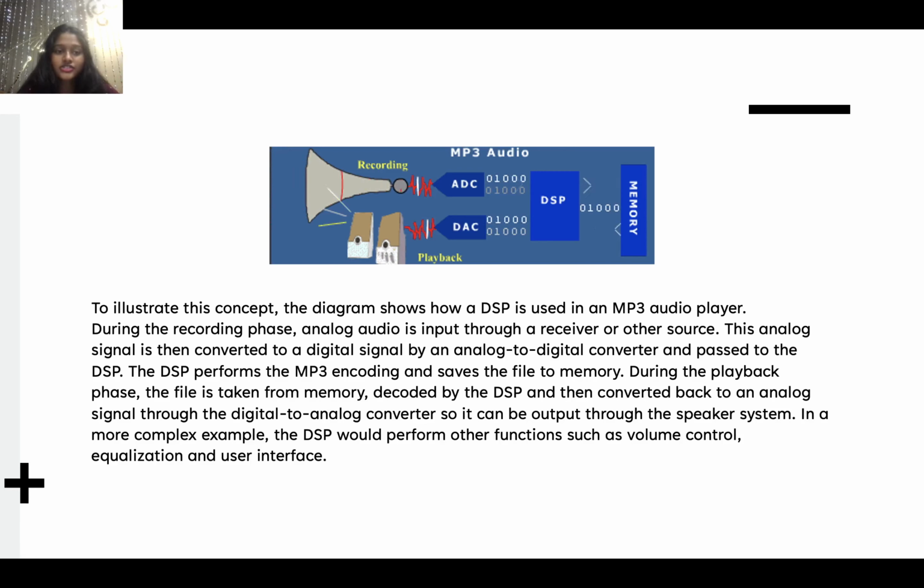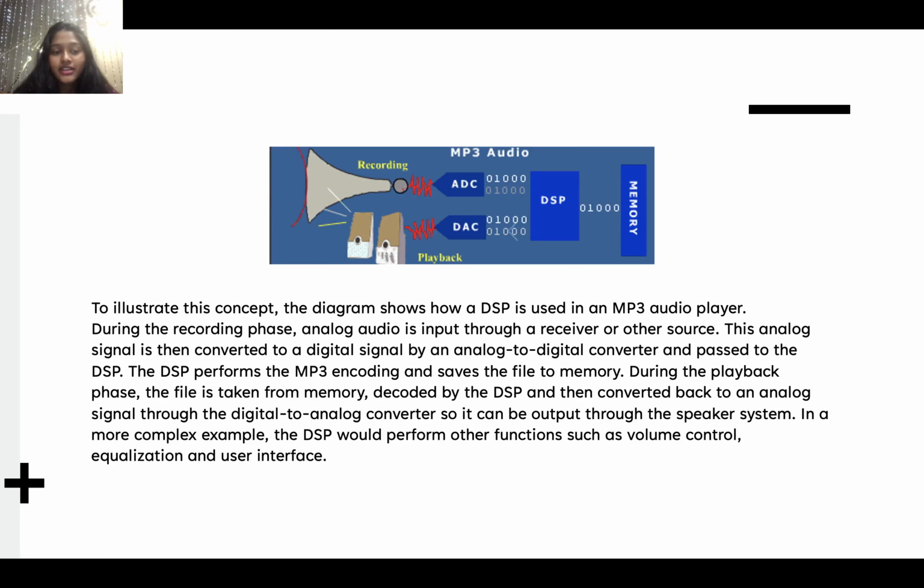So, to illustrate this concept, the diagram shows how a DSP is used in an MP3 audio player. During the recording phase, analog audio is an input through a receiver or other source. This analog signal is then converted to a digital signal by an analog to digital converter and passed to the DSP. The DSP performs the MP3 encoding and saves the file to the memory.